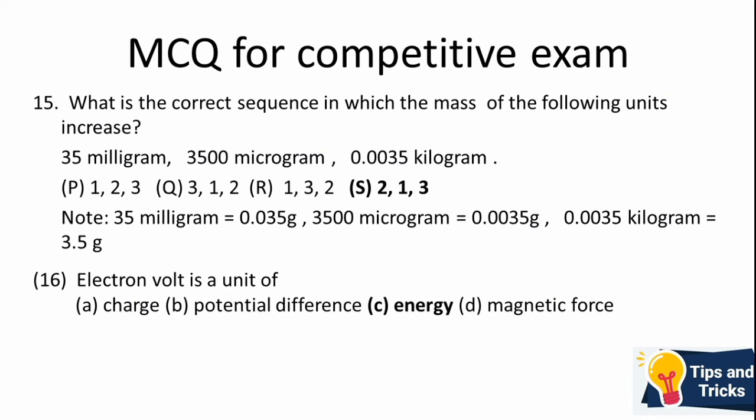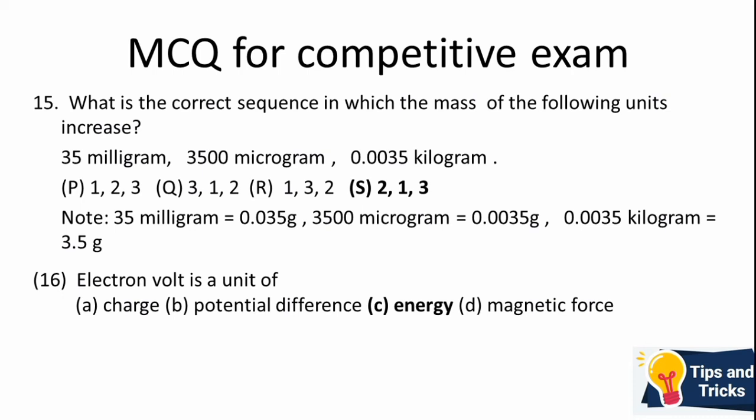So now question number 16. Electron volt is a unit of, so the options given are option A charge, option B potential energy, option C energy, option D magnetic force. So charge is a physical quantity whose unit is ampere second or coulomb.